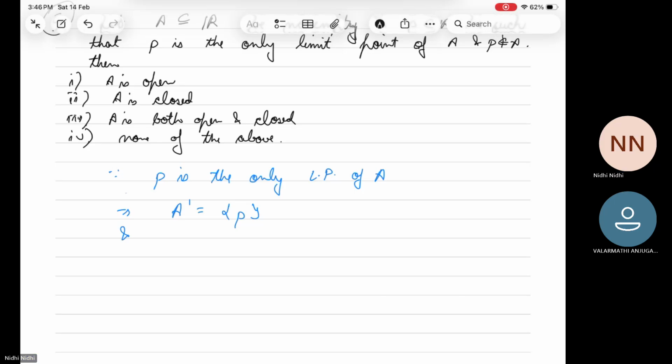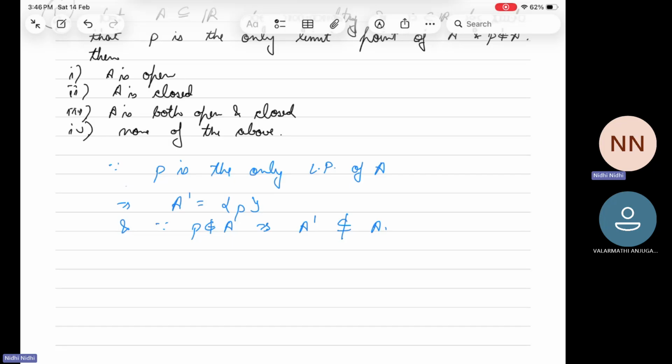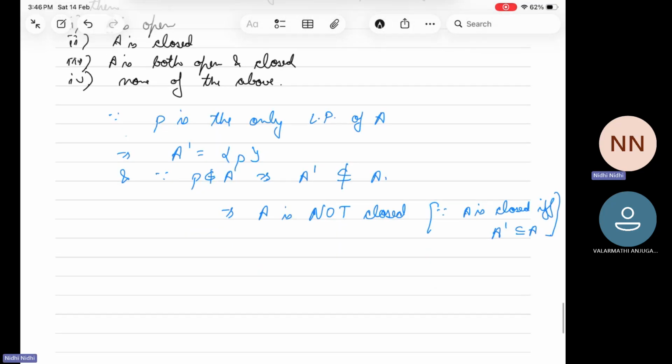And since P does not belong to A, A prime is not a subset of A, which by the definition of closedness implies A is not closed. Why? Because A is closed if and only if A prime is a subset of A. Now this implies that option 2 and option 3 are incorrect.